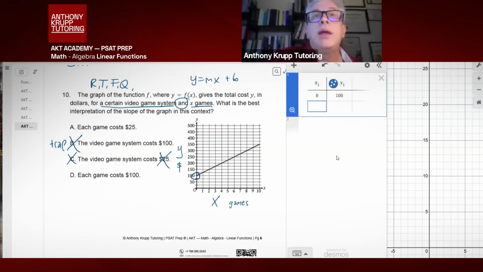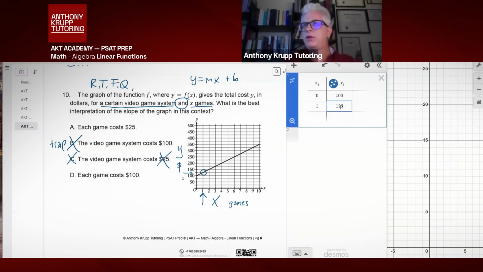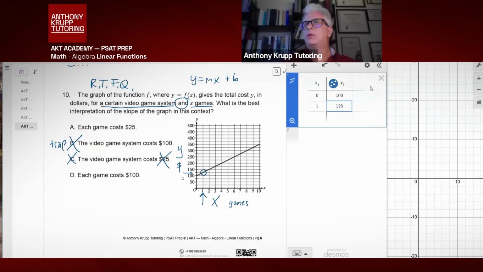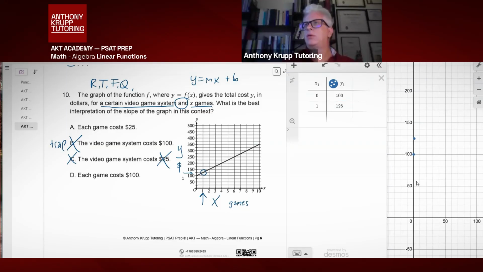All right, and then it looks like even here, at one game, it's clearly halfway between 100 and 150. So that's clearly 125. Okay, good. There you go.